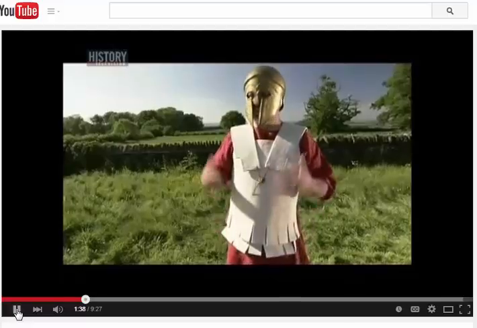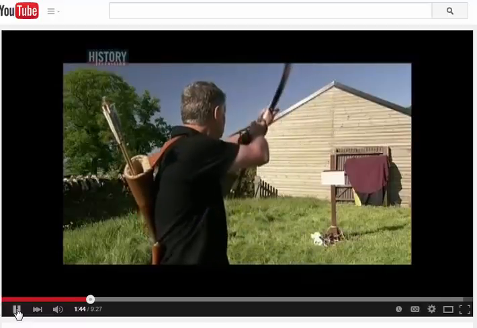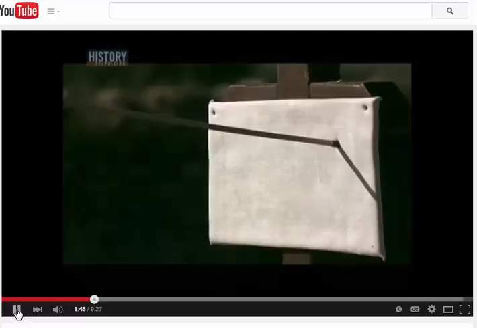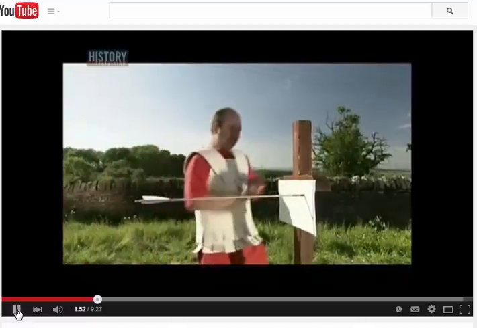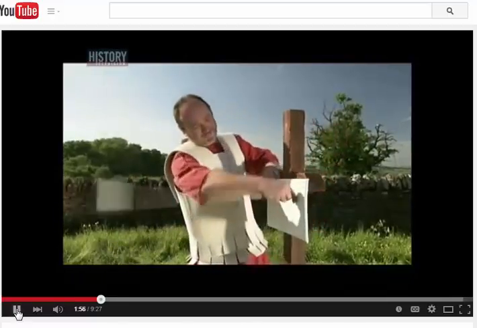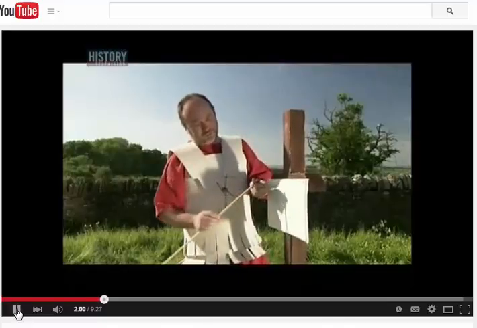In many ways, it's akin to modern Kevlar body armour. We used a composite bow at point-blank range to test the strength of linothorax technology. Oh, that'll hurt. Well, I'm actually quite pleased with that, because that was at point-blank range.